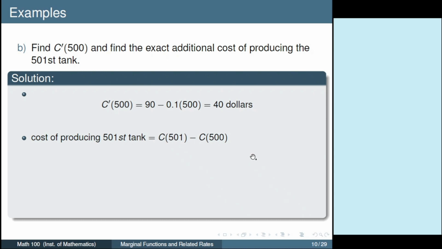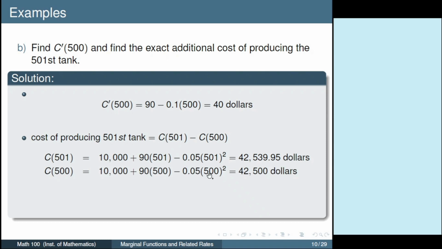Katulad ng ginawa natin kanina with the profit of producing the 51st product. So C of 501 is this one. So substitute lang natin. Okay? So verify nyo na lang na this should equal 42,539.95. At ang C of 500 natin, pag plug-in natin, will be equal to 42,500.